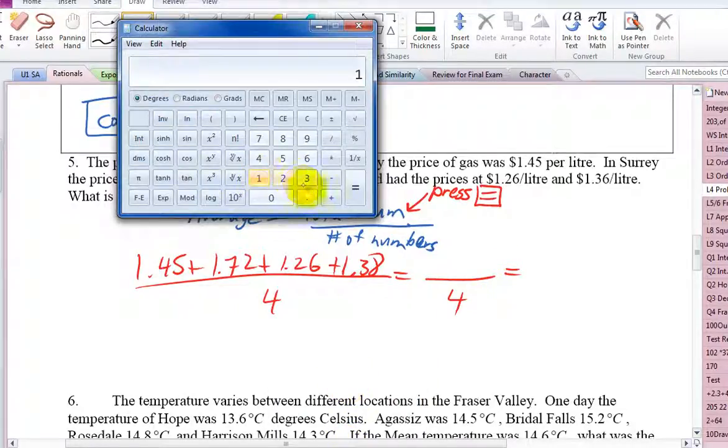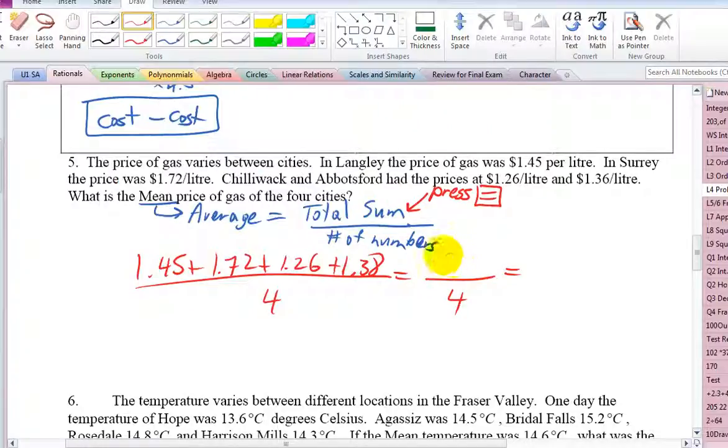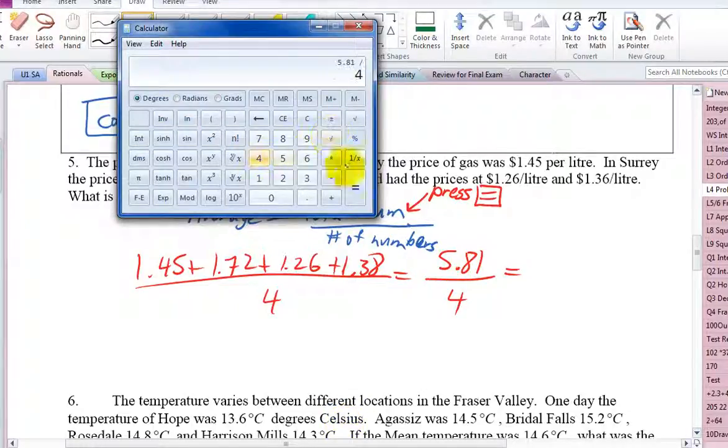Please do practice because it's really important. It does help you prepare. Press equals, and we get $5.81. That's so important to get that number. Can't emphasize that enough. Get that number, then divide by 4.